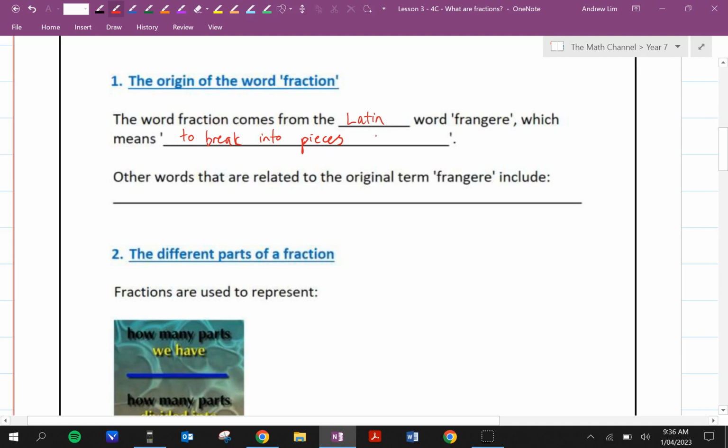Some other words that are related to the original term include fragile, fracture, fragment. These are just three examples of words that come from that original term frangere.